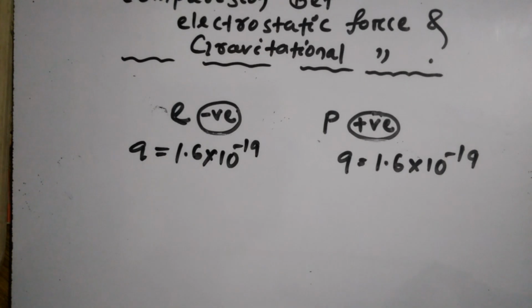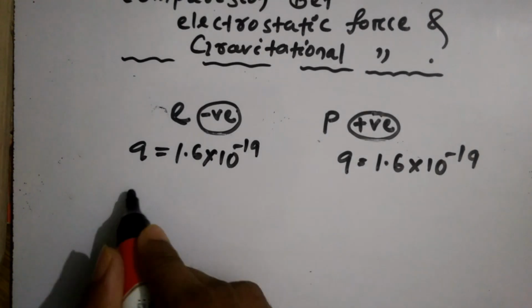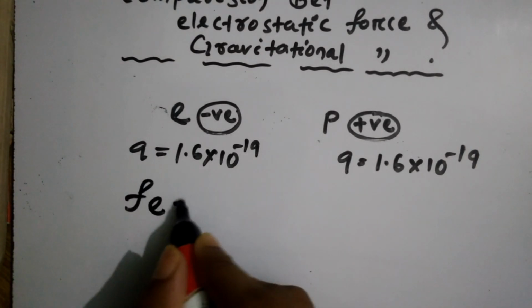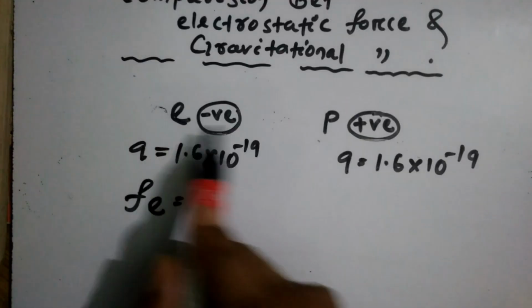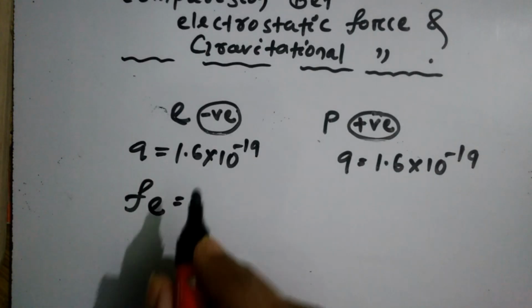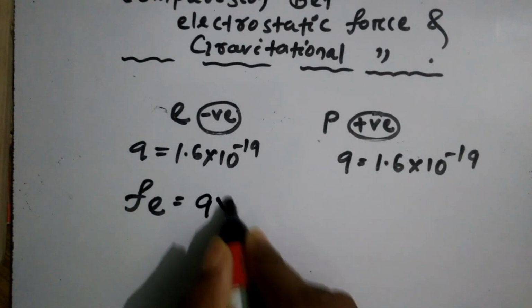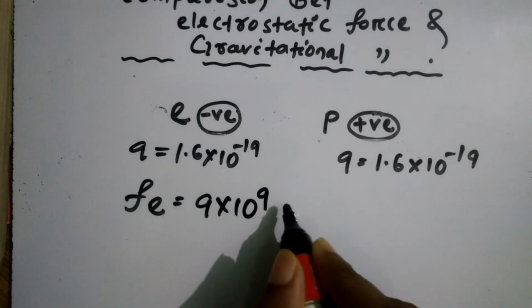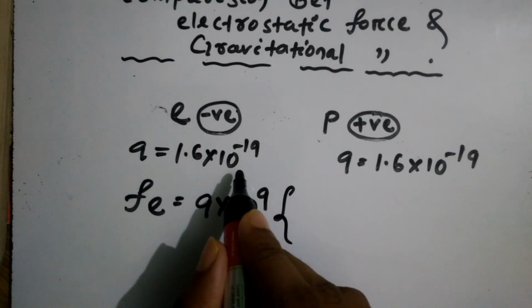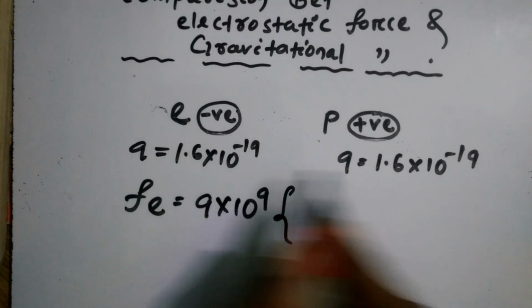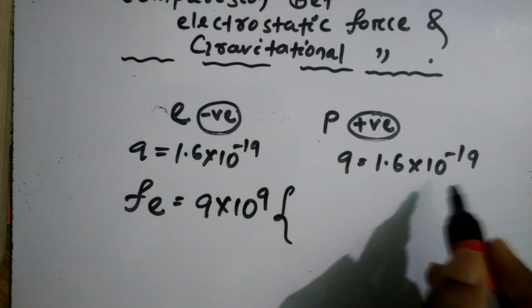Now we can write Fe, the electrostatic force, taking the charges of the electron and proton. So I can write 9 into 10 to the power 9 Q1 Q2 by r square. Q1 is 1.6 into 10 to the power minus 19, and Q2 is also 1.6 into 10 to the power minus 19.